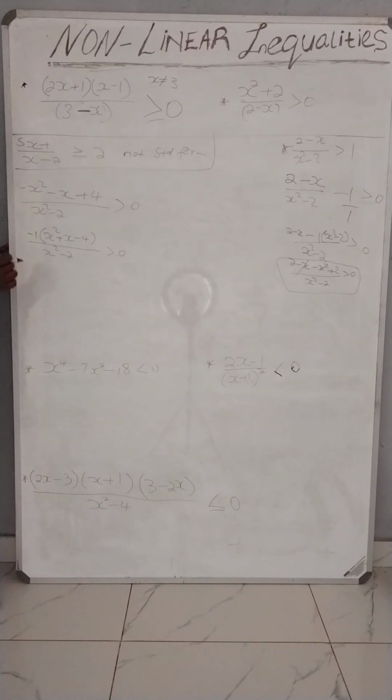Then, if we were to factorize the top part, we will have minus 1 into x. We're going to look for the factors of 4 that will give us positive 1.